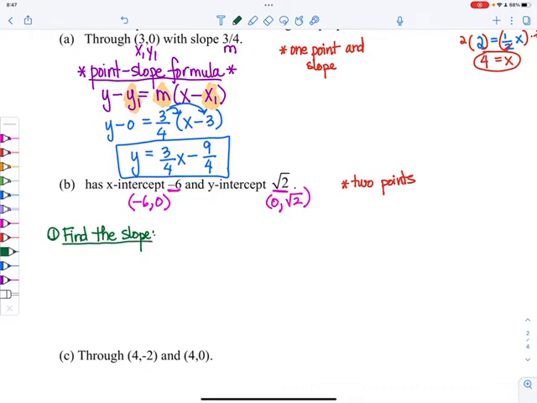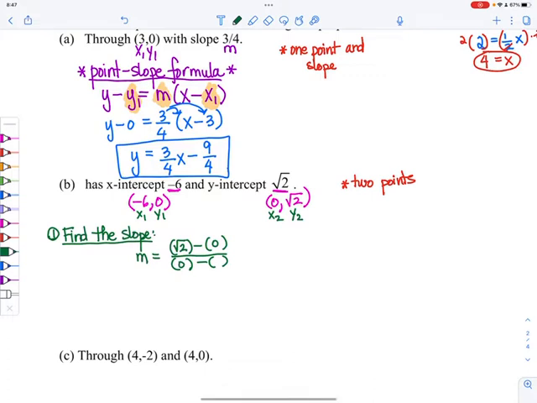I'll call this x1, y1, and I'll call this x2, y2. So my slope would be m equals (y2 minus y1) over (x2 minus x1). So y2 is square root 2 minus y1 is 0.